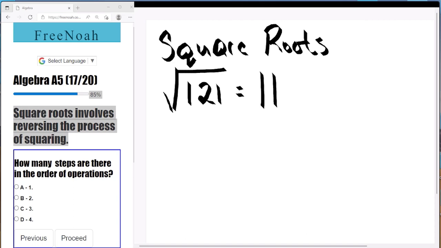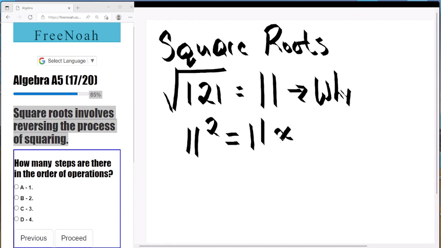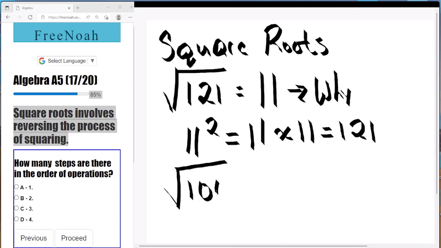And this is when knowing your multiplications by heart, memorizing them, comes into play, right? So why is the square root of 121 11? Well, because 11 to the second power equals 11 times 11, and 11 times 11 equals 121.